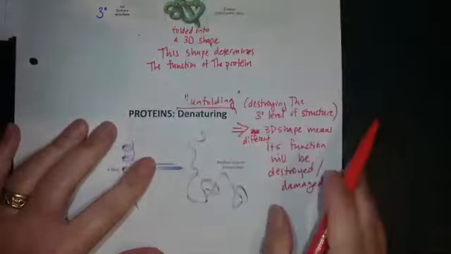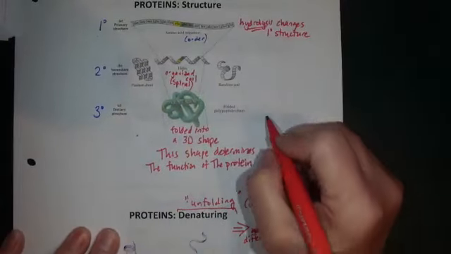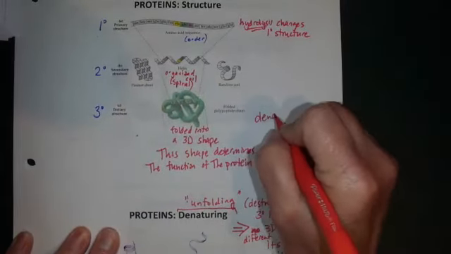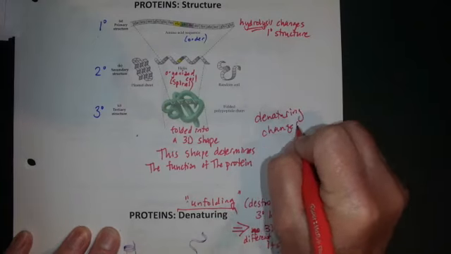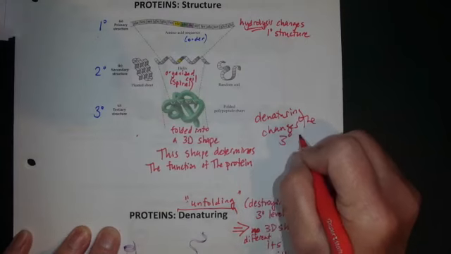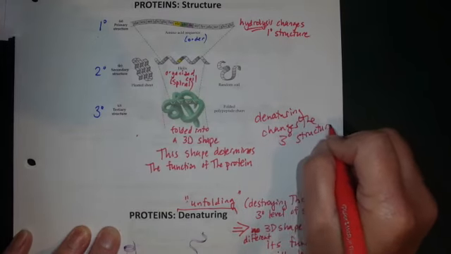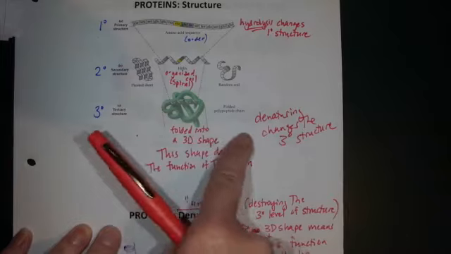So hydrolysis changes the primary structure. Denaturing changes the tertiary structure. Denaturing will change that tertiary structure.